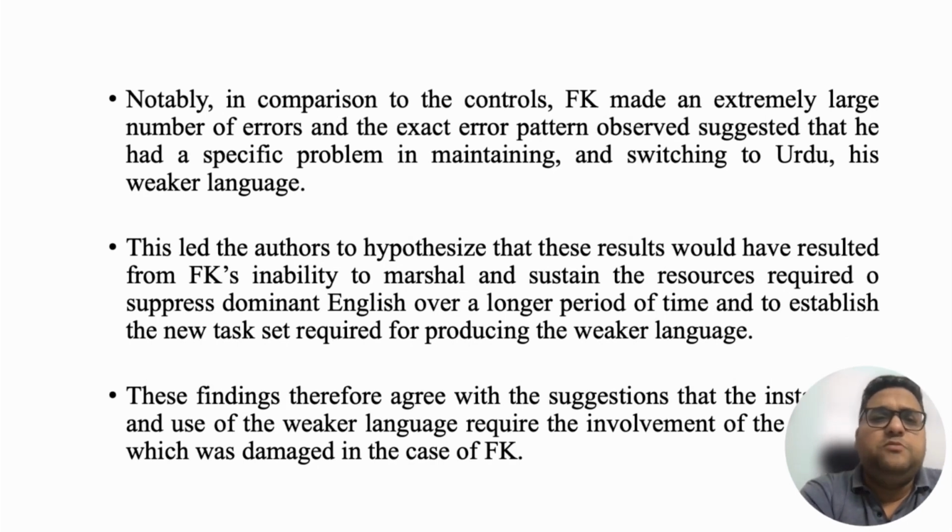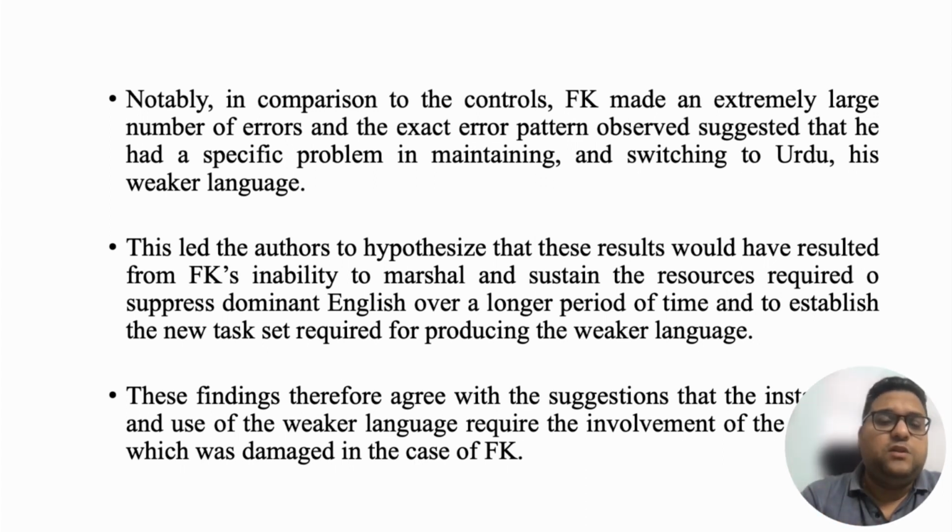The language switching and non-switching trials occurred in an unpredictable manner. Notably, in comparison to the controls, FK made an extremely large number of errors, and the exact error pattern observed suggested that he had a specific problem in maintaining and switching to Urdu, which was his weaker language. This led the authors to hypothesize that these results would have cropped up from FK's inability to marshal and sustain the resources required to suppress the dominant English over his weaker Urdu.